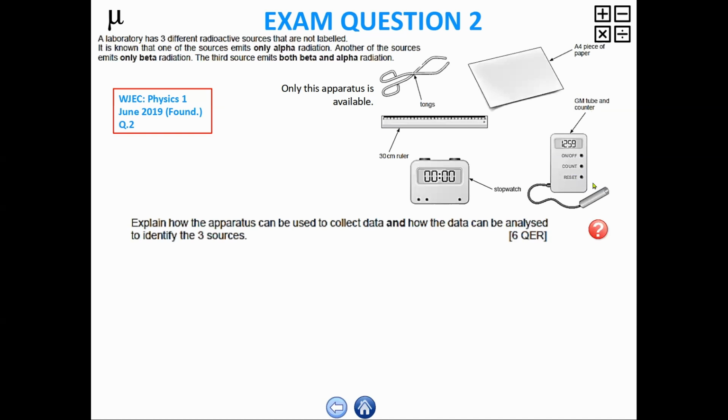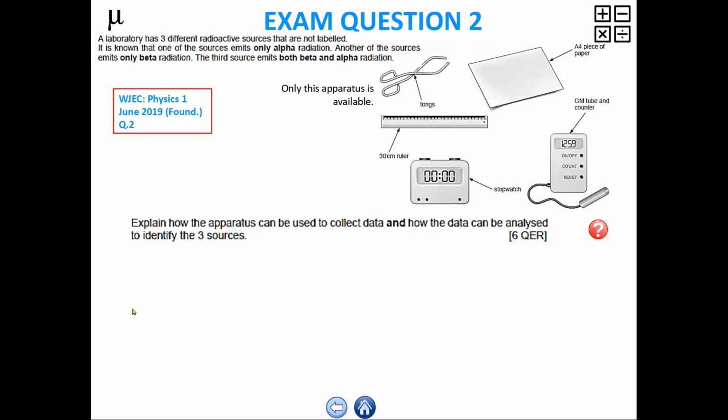Now we've got a 30 centimeter ruler. You saw when I doubled the distance, when I got to 10 centimeters, the alpha source basically dropped off to virtually nothing. So if that's air blocking it, then a piece of paper would do an absolutely fantastic job of reducing the count rate on the Geiger-Müller tube.